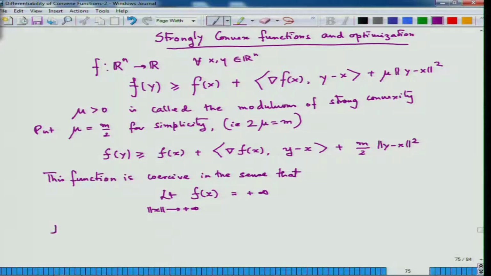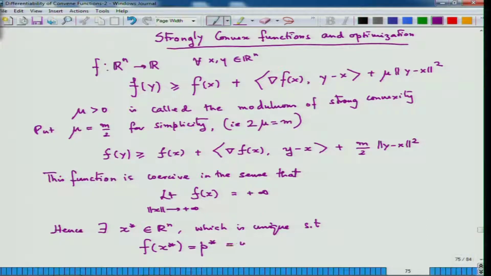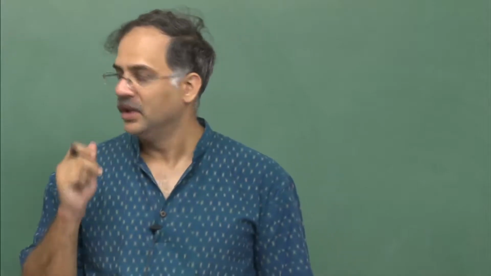Hence, there exists x star in Rn which is unique such that f(x star) equals p star, the infimum value of f over Rn. So, whenever the function is coercive, there would always exist a unique minimizer. The uniqueness comes from the function being strongly convex.